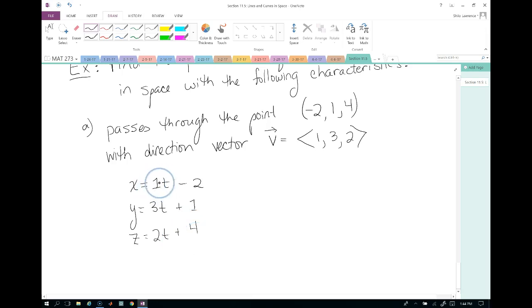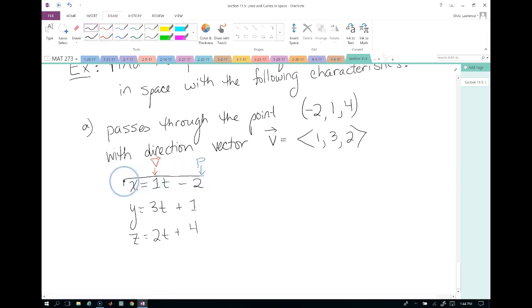Now the 1 in front of the t in our x equation, that's just optional, but I wanted you to see in this first example where everything has gone. So we've got all of our components for v as coefficients, and we've got all of our coordinates of P as our constants.